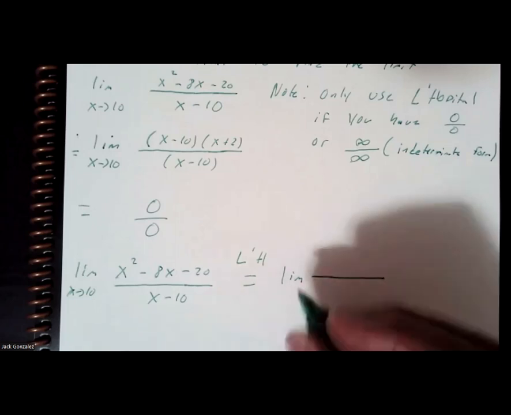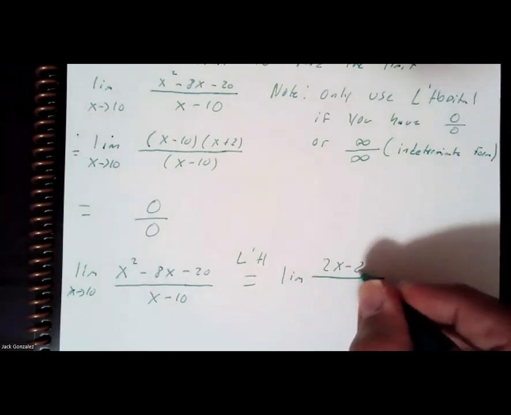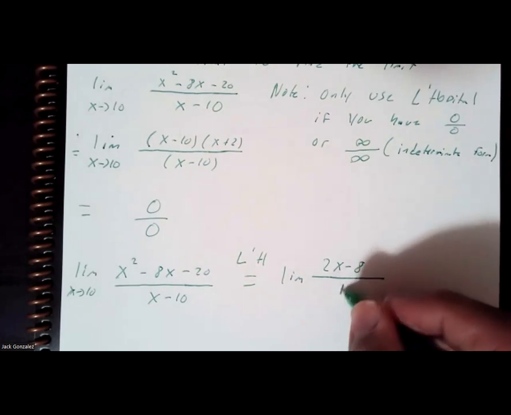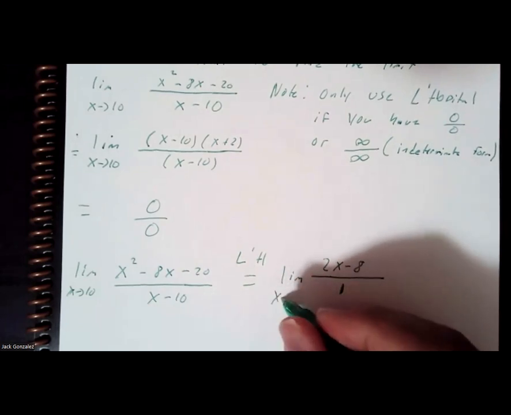It looks like 2x minus 8. On the bottom it will be just a 1, right? So 2x minus 8, correct.